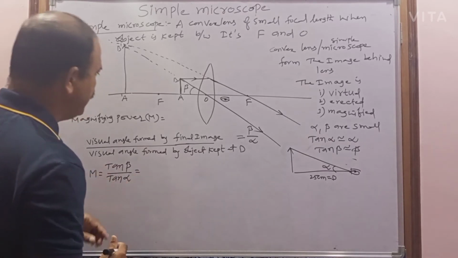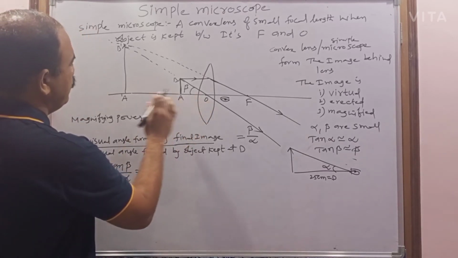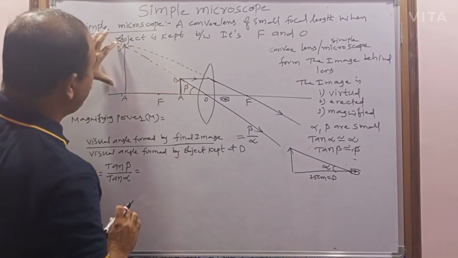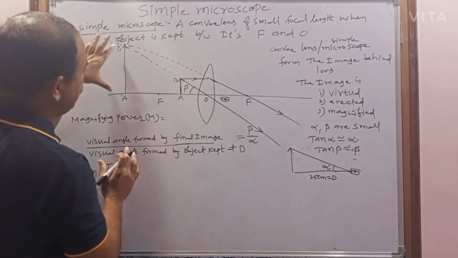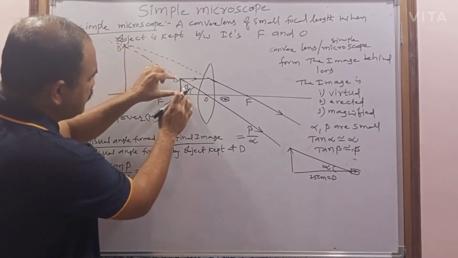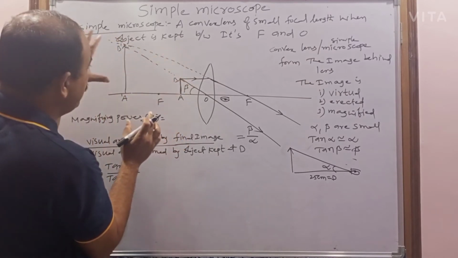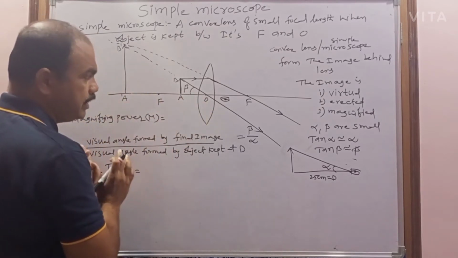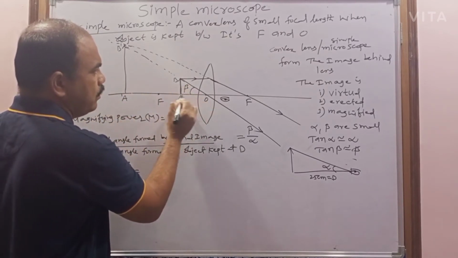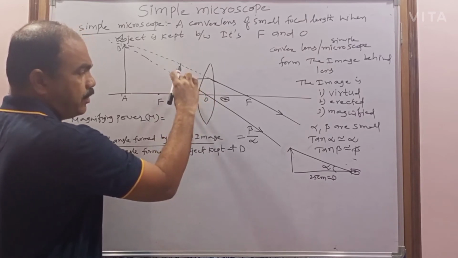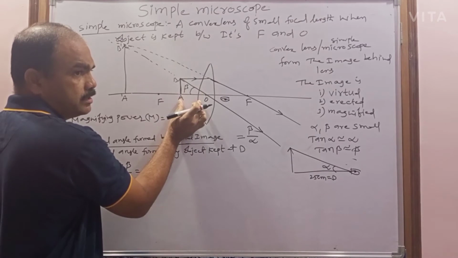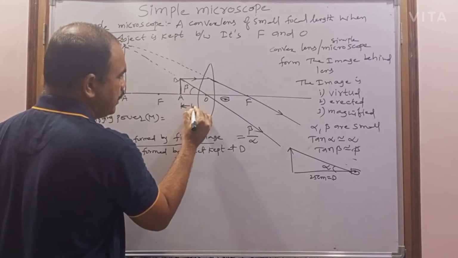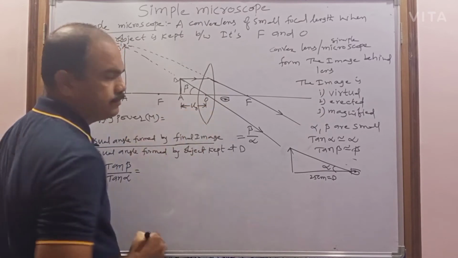Now to find tan beta, I am taking this triangle OAB. Beta is the visual angle formed by the final image, but in this diagram the final image and the object make the same angle. You know the object height and the object distance, the distance between the object and optic center, which is u, or u naught.